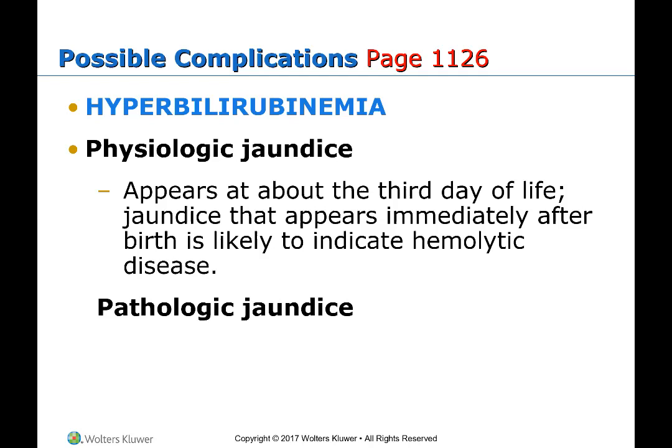We have both of them here. So just know this one. The physical jaundice, physiologic, is about the third day of life. If it appeared immediately after birth, then it is the one below, the pathologic, also called hemolytic disease. So we'll talk about this.